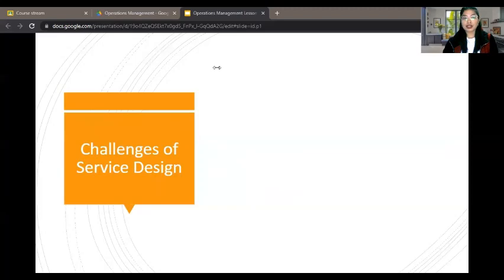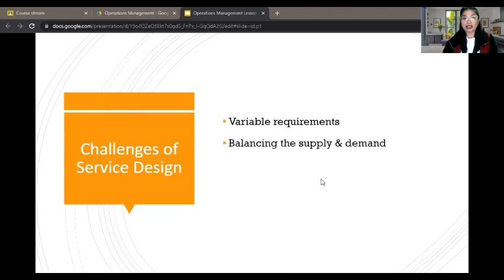Variability is a major concern in most aspects of business operations, and it is particularly so in the design of service systems. Requirements tend to be variable both in terms of differences in what customers want or need, and in terms of the timing of customer requests. Because services generally cannot be stored, there is an additional challenge of balancing supply and demand.